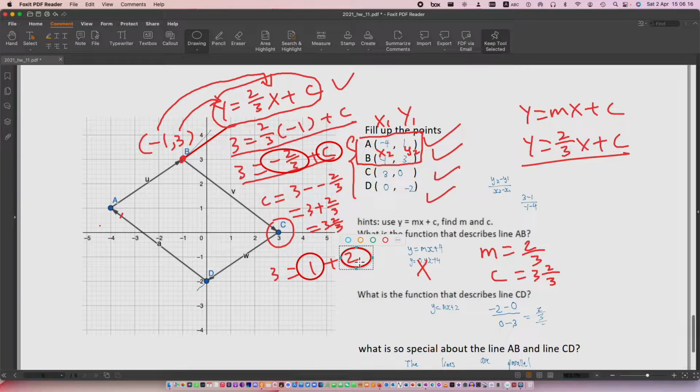So how do you get 2? 2 is equal to 3 minus 1. That means this one minus this one, right? Yeah. So similarly you need to use 3 minus, because this one is -2/3, so it's 3 minus. That's how I get 3 minus. So in fact c is actually 3 and 2/3, not 4.